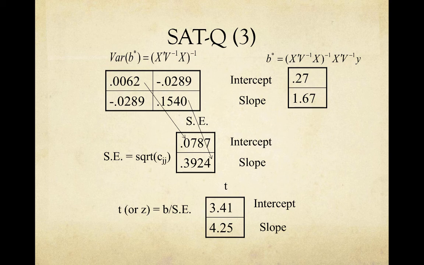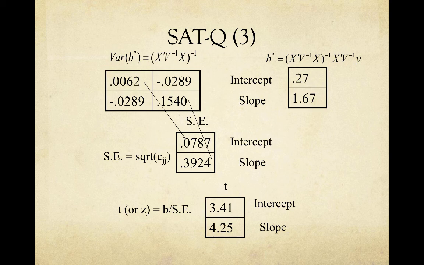And now, there's got to be a point to doing this, right? The variance of B, those are our sampling variances. So when we take the square root of those, we've got the standard errors. And so we've got a standard error for the intercept, and we've got a standard error for the slope, and we've got an intercept and a slope.